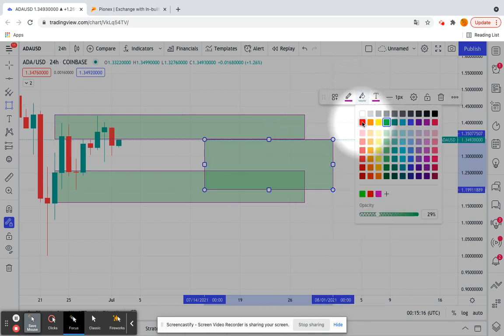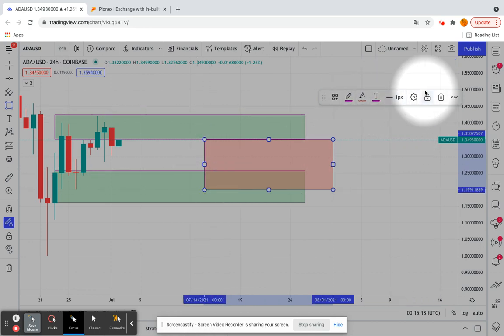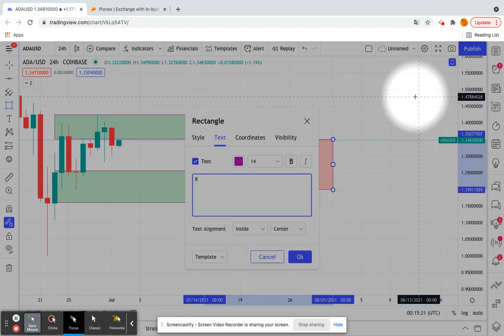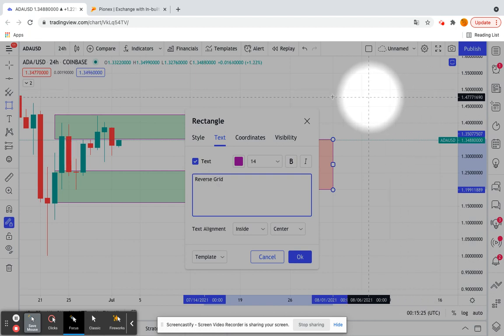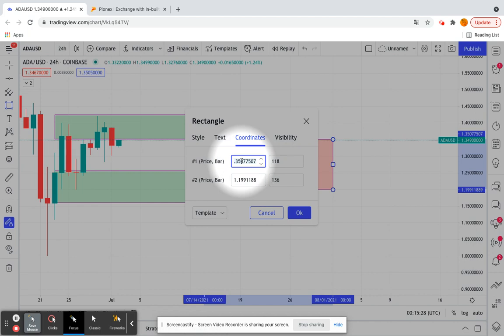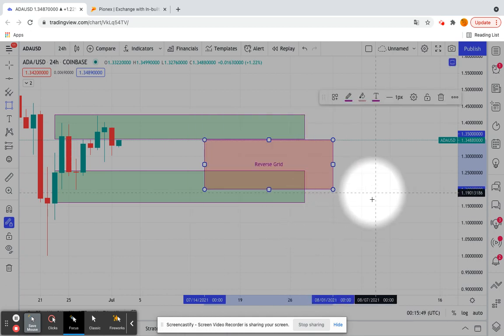So we'll change the color, and I'm going to change the layout. My top will be 1.35, and I'm going to show you why here in a second. And my bottom will be 1.20. Okay, so there's my reverse grid.